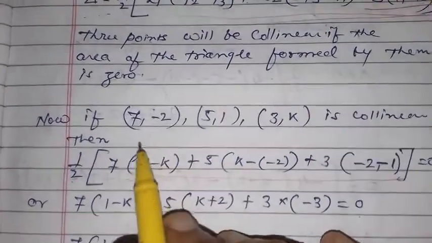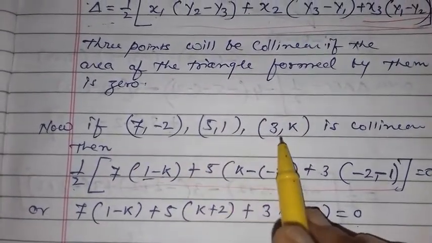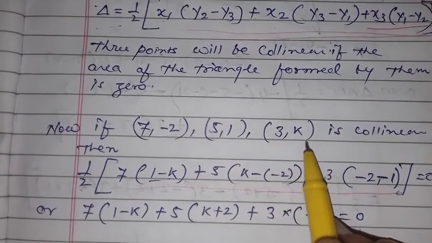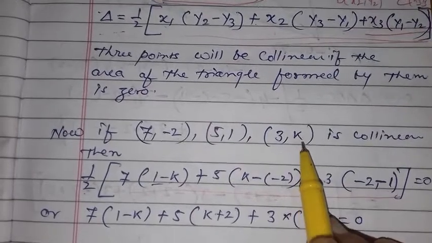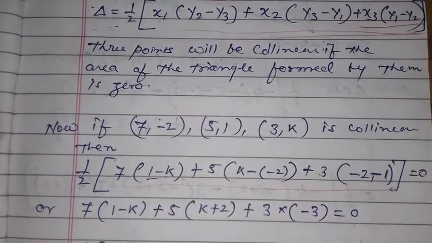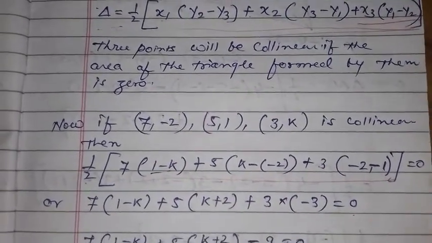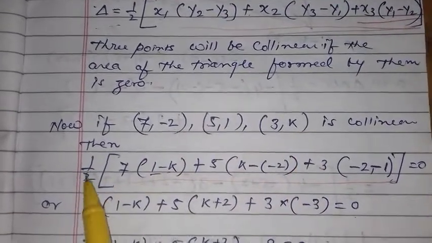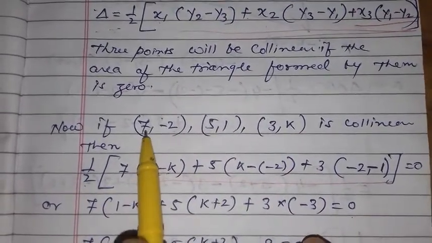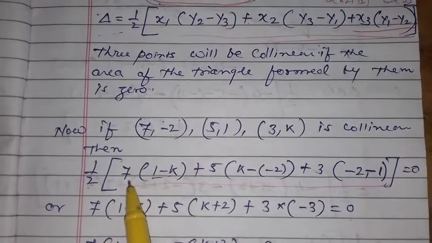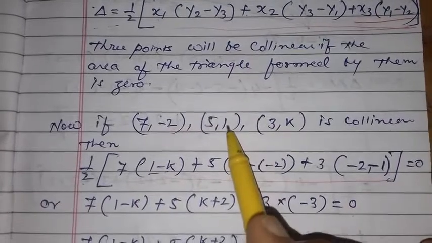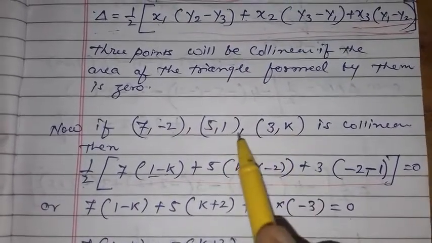So here we are given (7, -2), (5, 1), (3, k), and it is saying that these 3 points are collinear, and we have to find the value of k for which they are collinear. So we will find the area of the triangle formed by these 3 points. So half, from the first point we take 7, and from the next 2 points we take y, that is 1 minus k.